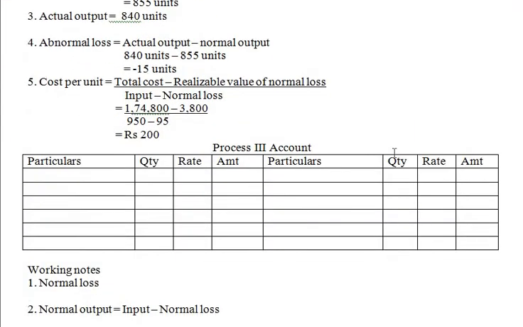Same like that we need to prepare process 3 account again. So output of process 2 we are going to transfer it here. To process 2 account, 840, 200, 1,68,000. Now whatever expenses they have given we are going to record it.